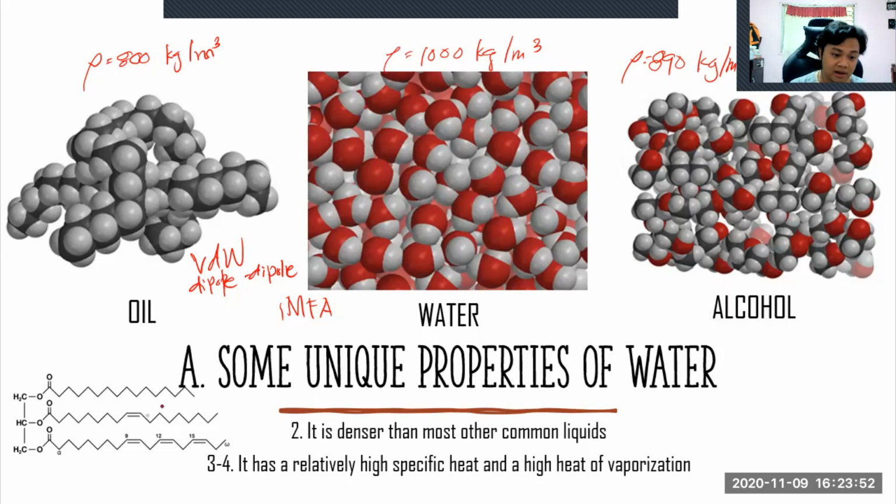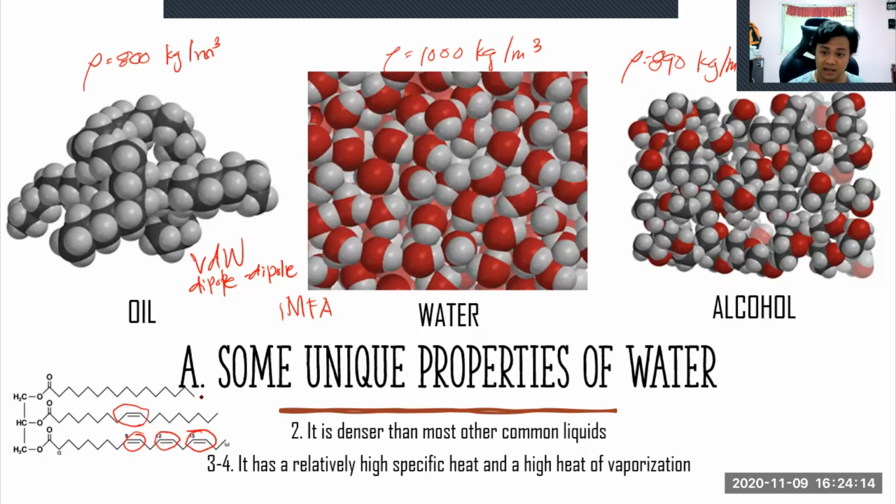If you are in organic chemistry level already, you can see that what makes it a liquid is the unsaturated bonds here, the double bonds. That's what makes it a liquid.